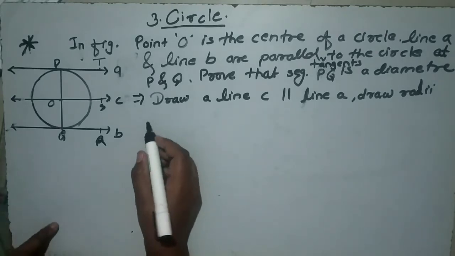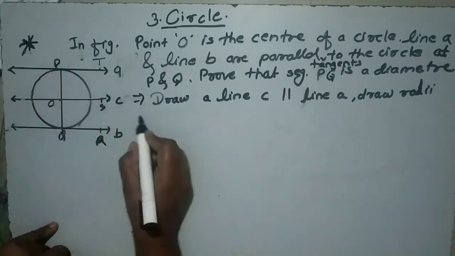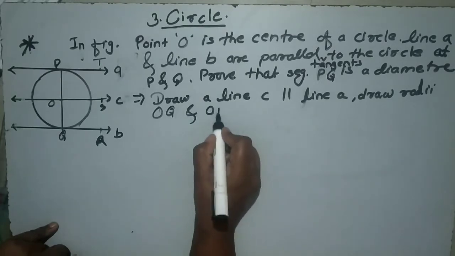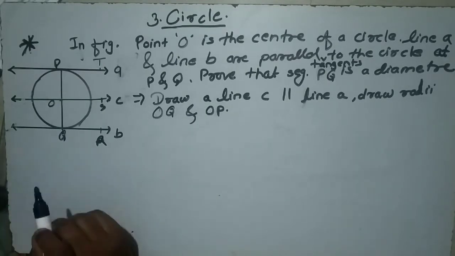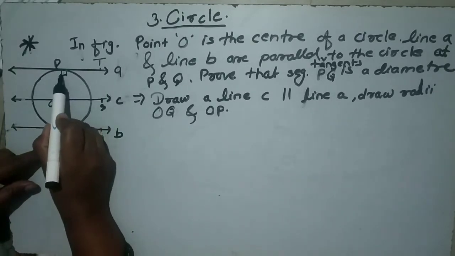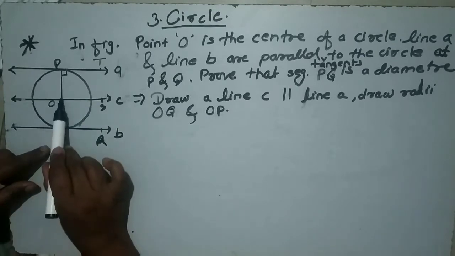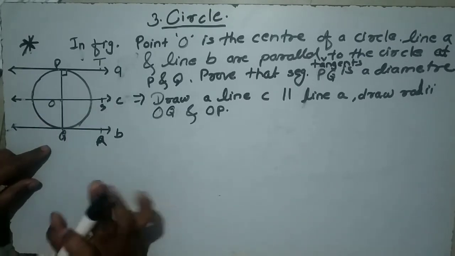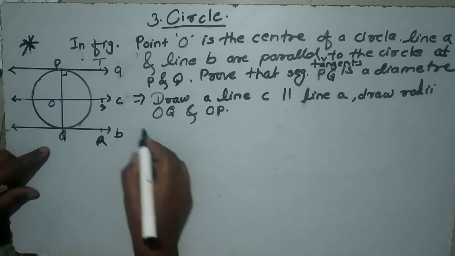Now this is the radius and this is the tangent, so this angle measures 90 degrees. These angles, OPT and OQR, measure 90 degrees. So I will write here.